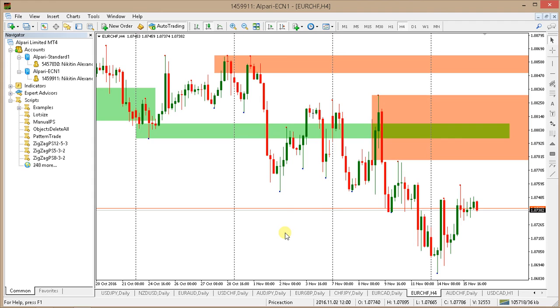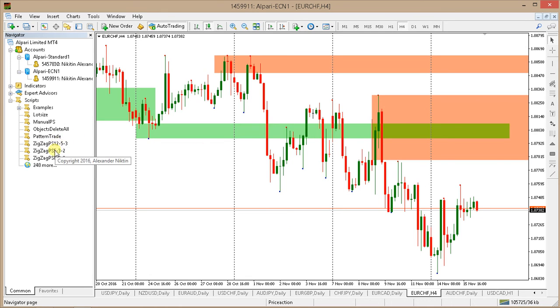I've created the program that searches for these patterns automatically and draws entries, targets, and stops automatically. So whatever person using it can have benefits without even knowing the correct set of ratios for the advanced pattern formations. And I will demonstrate to you how it works.